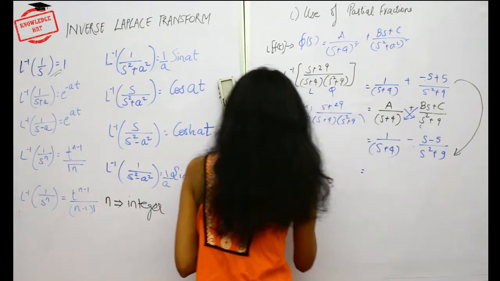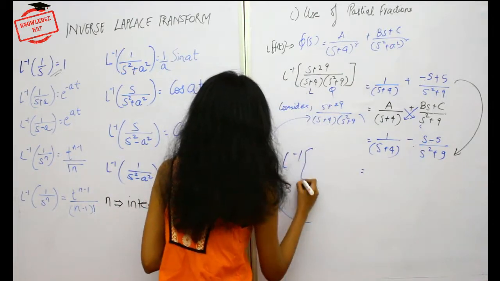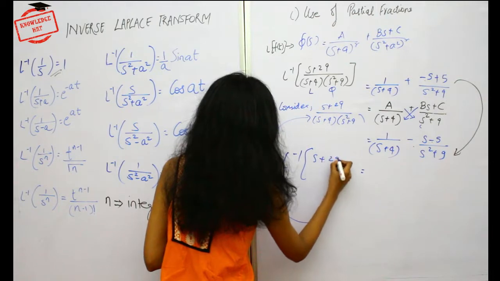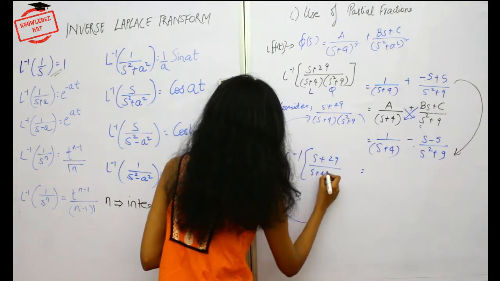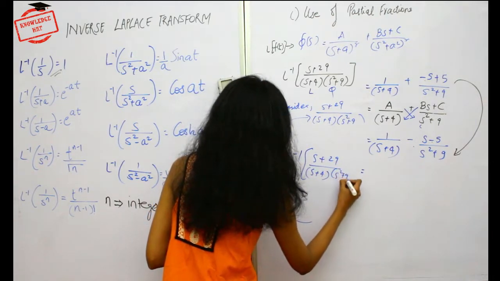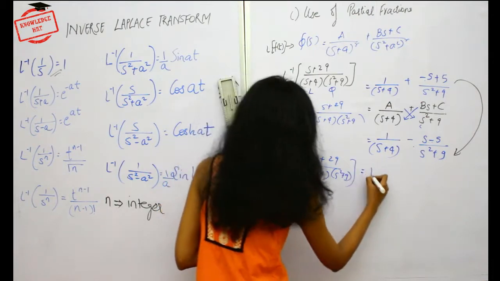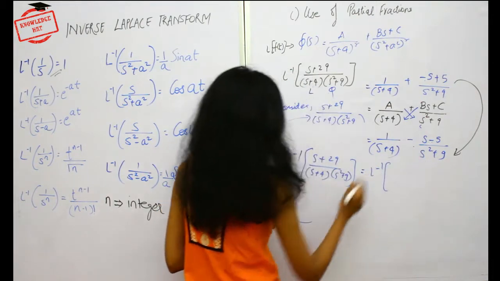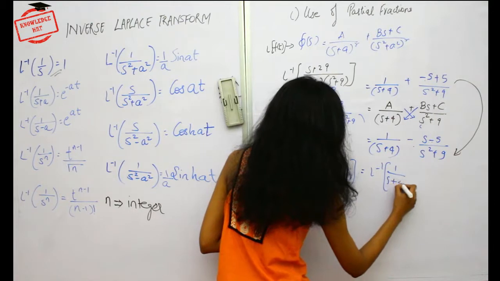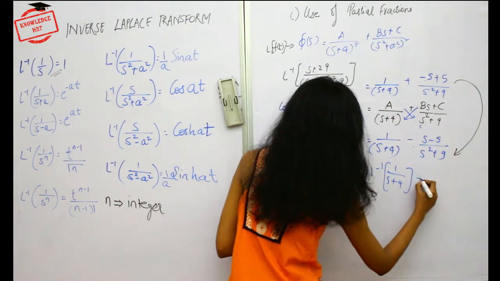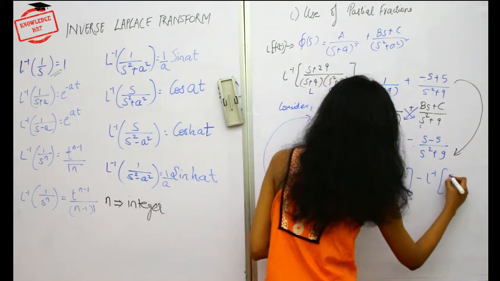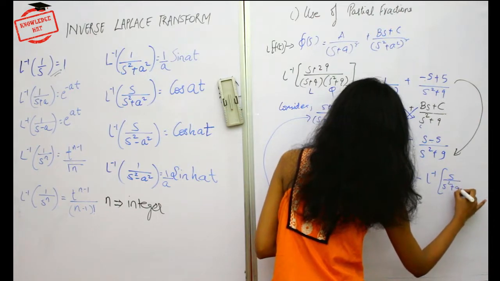So what will this be? Laplace inverse of S plus 29 upon S plus 4 into S square plus 9 will be nothing but Laplace inverse of 1 upon S plus 4 minus Laplace inverse of S upon S square plus 9.